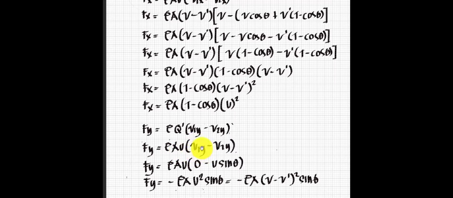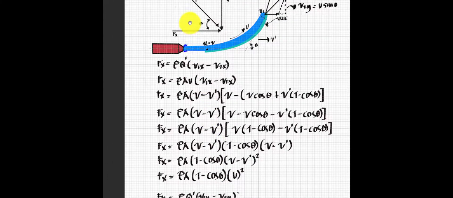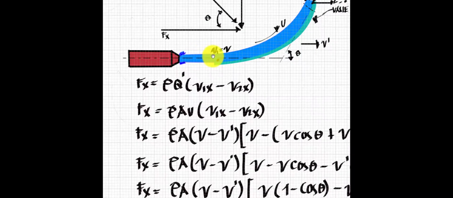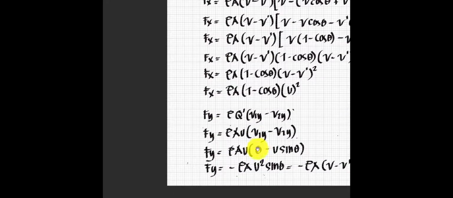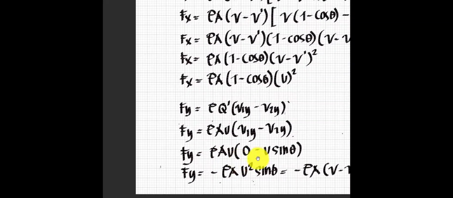Usually this v1y will be 0, since the velocity of the jet, which is your V1, is acting horizontally, parallel to the x-axis. So we don't have the y component, which is why it becomes 0.